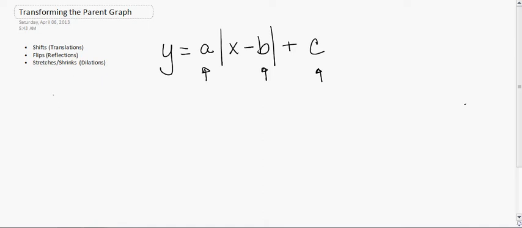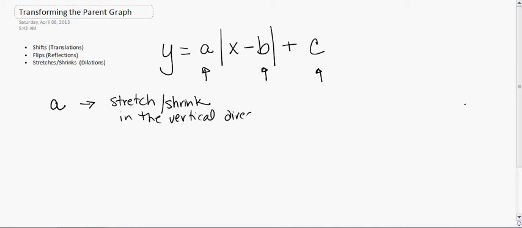So the a is a stretch or a shrink in the vertical direction.